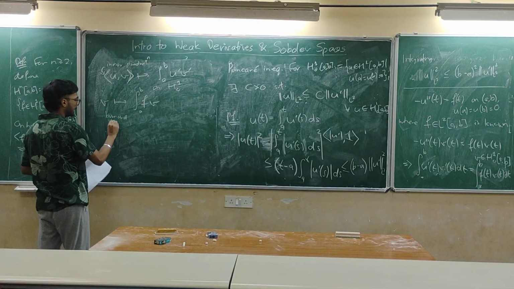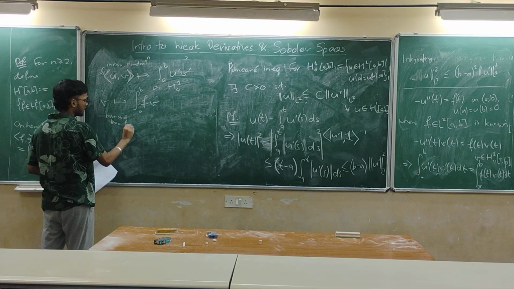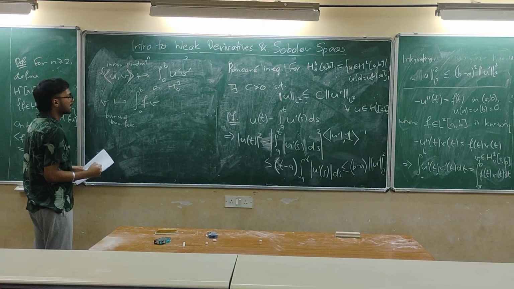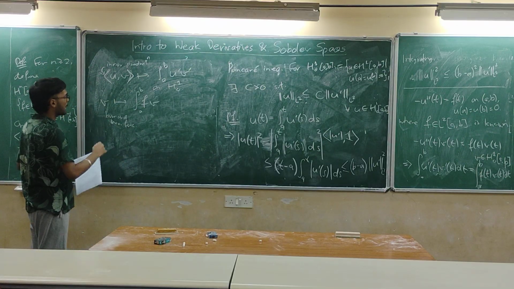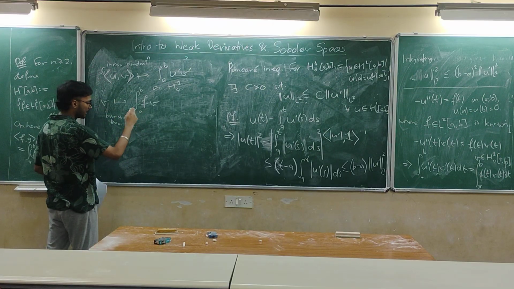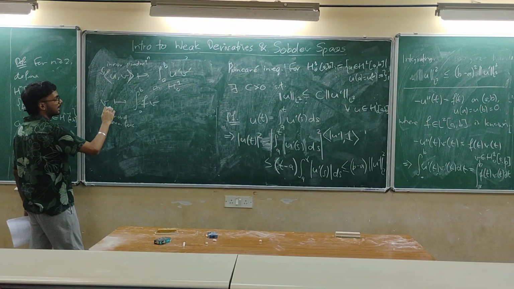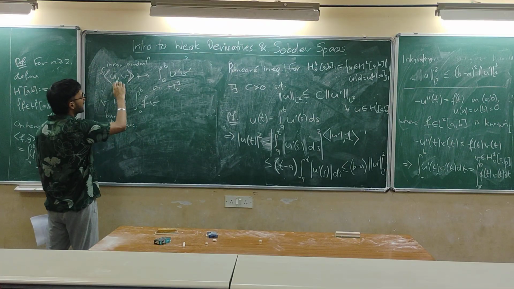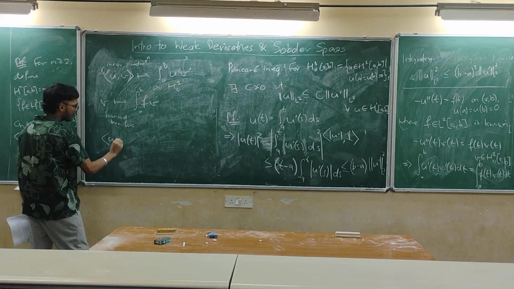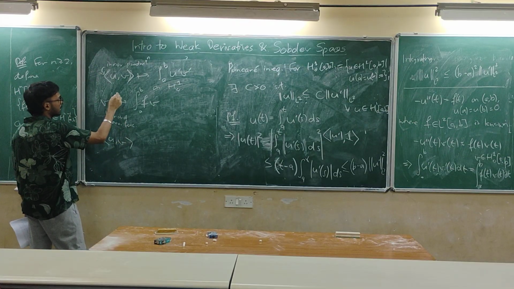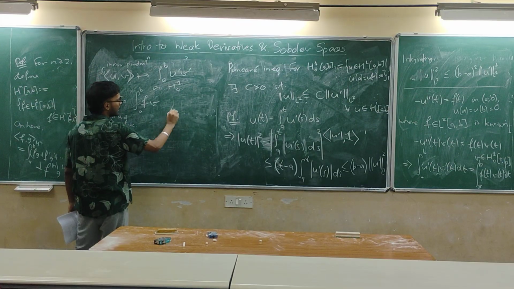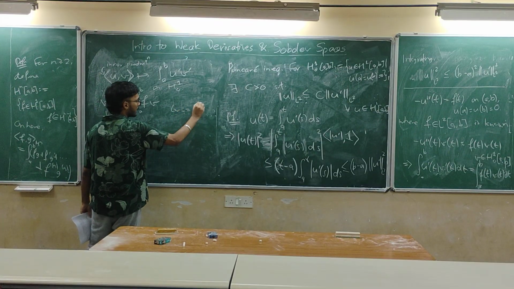So v mapping to the integral of f v is a bounded linear function, and by the Riesz representation theorem, there must exist a u satisfying this inner product. That means if I denote this linear functional by L, it is defined by this integral.